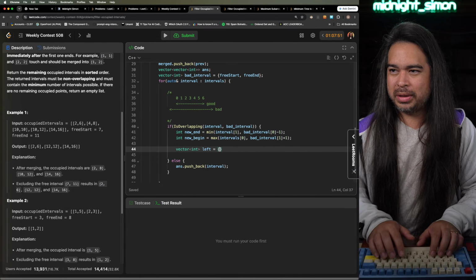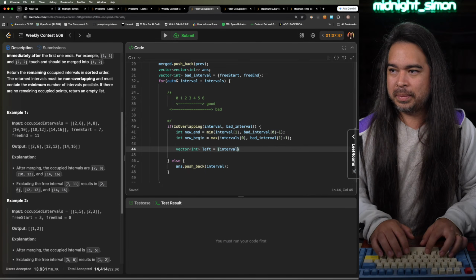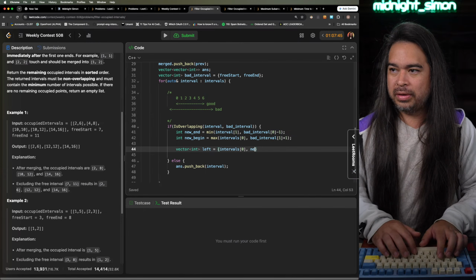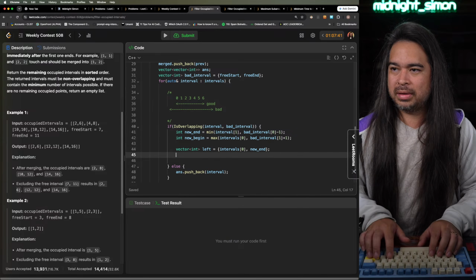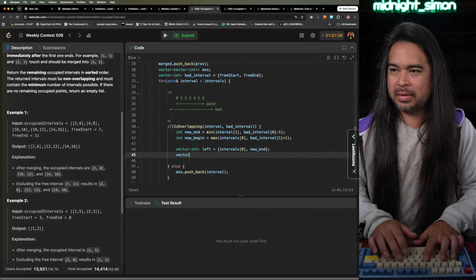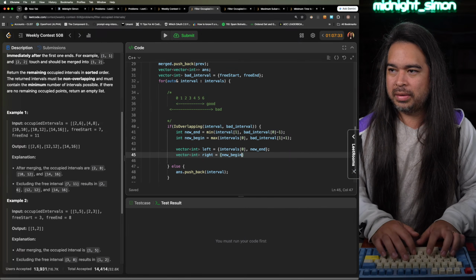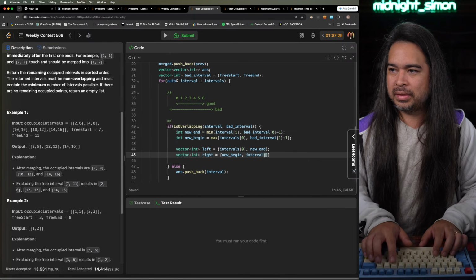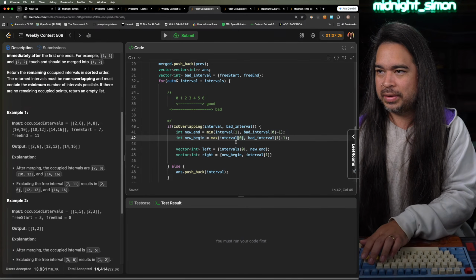I guess it would be the original beginning with the new end. And then the right would be the new beginning with the original end. I guess it's not intervals, it's just interval.